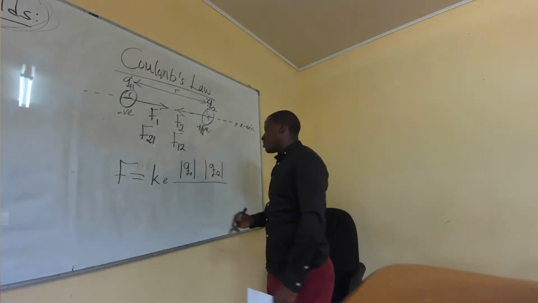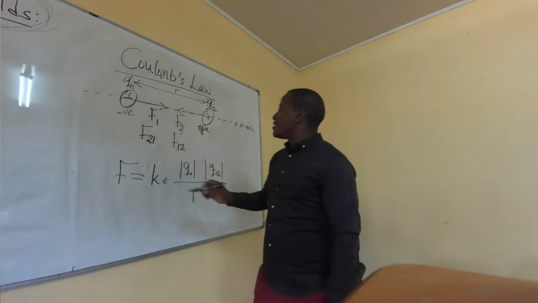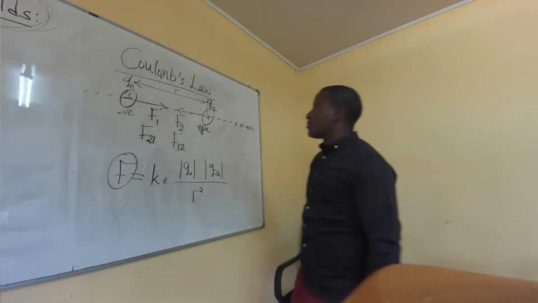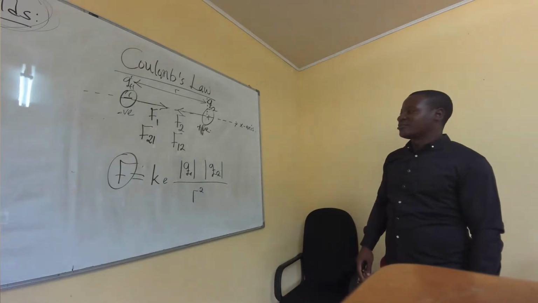All this we must divide by R squared. So this is the total F that is experienced in this system.